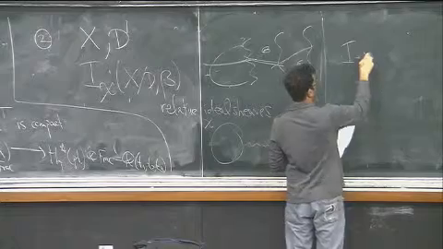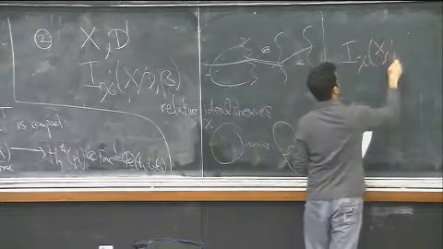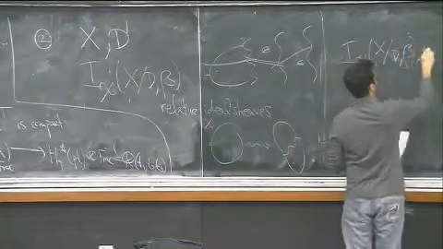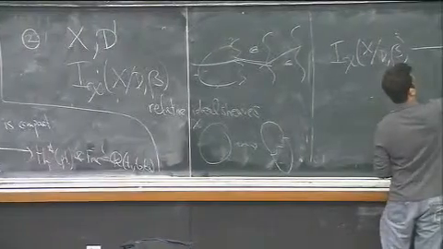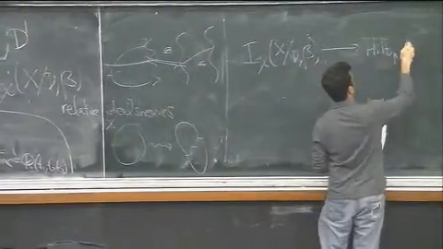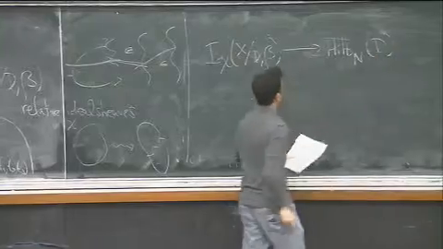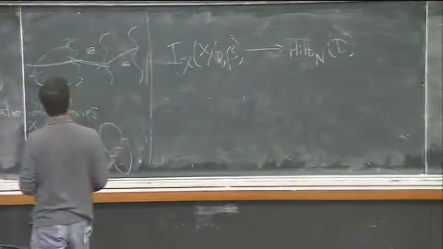So the first was this map to the Hilbert scheme of points on D itself.